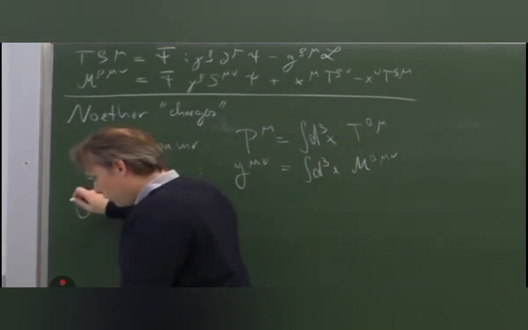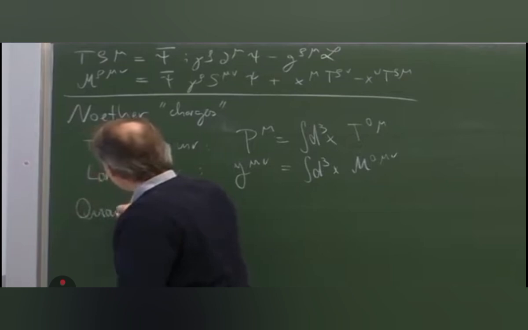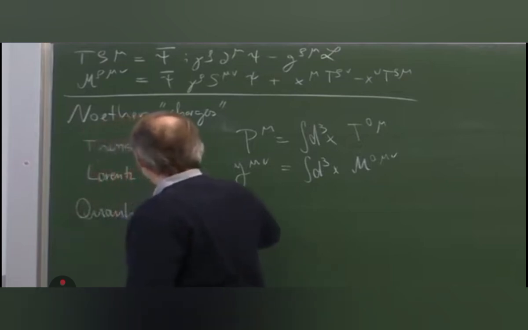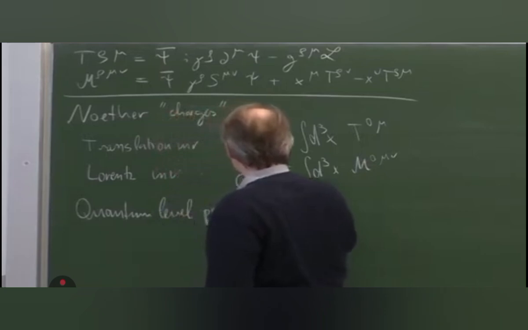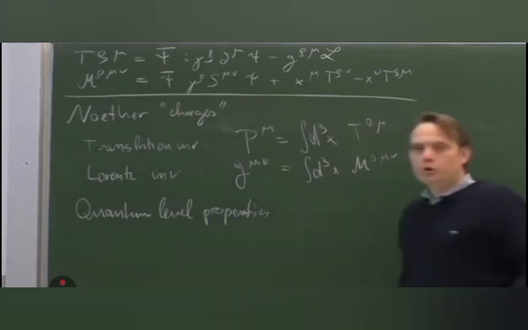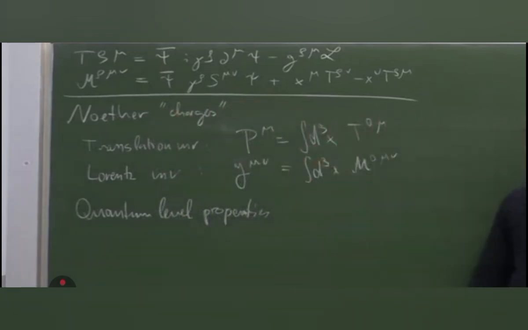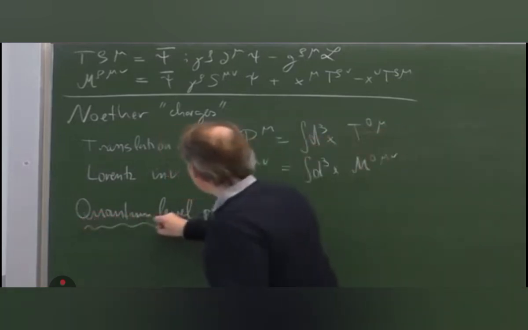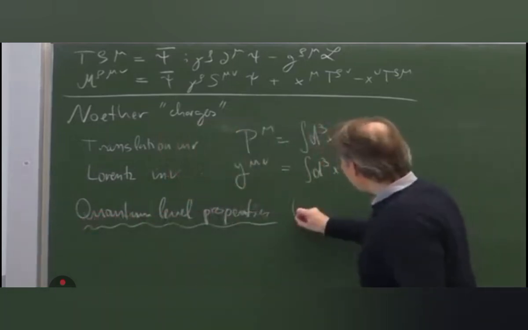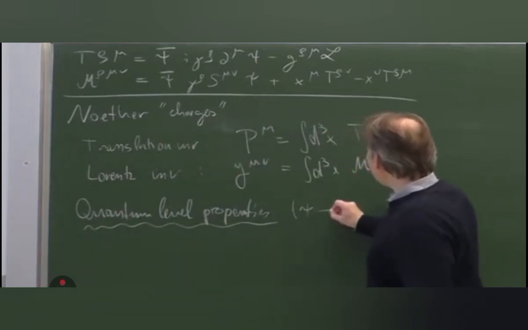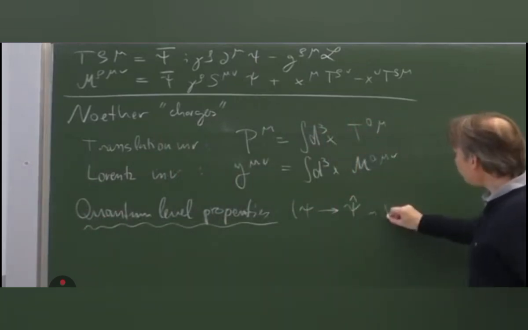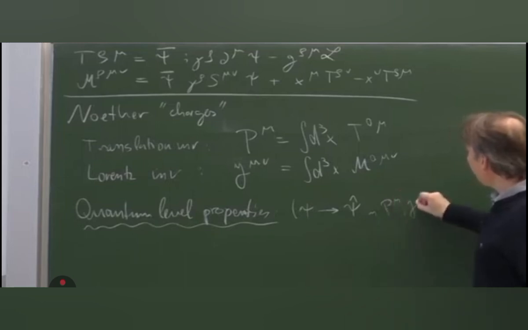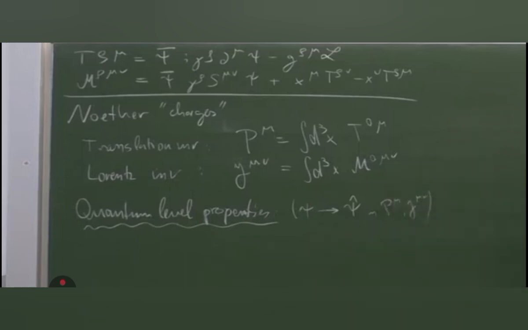Let us immediately write down those quantum level properties, which are analogous to those in the case of the scalar field, but of course a little bit more complicated. We obtain quantum operators by simply replacing psi by psi hat in P mu and J mu nu.